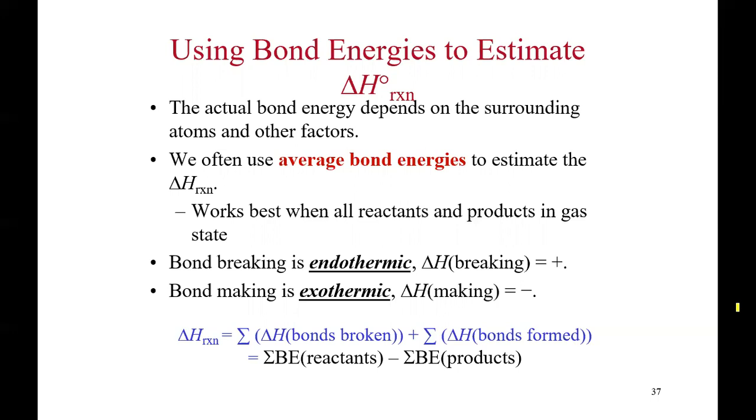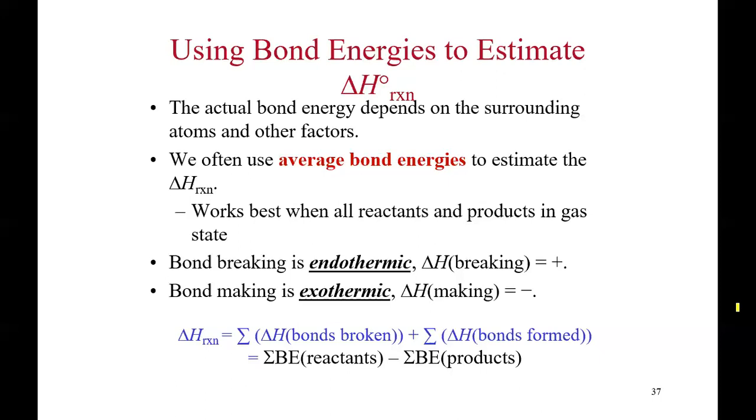So just like in any other process, if we add up the energy costs throughout the process, that is, the summation of all of the bond energies of broken bonds plus the summation of all the bond energies of formed bonds, since the formation of bonds is negative and the breaking of bonds is positive, this ends up being essentially a summation of the bond energies of the reactants minus the summation of the bond energies of the products.